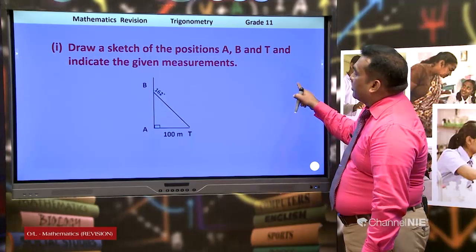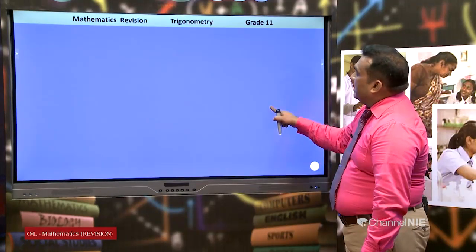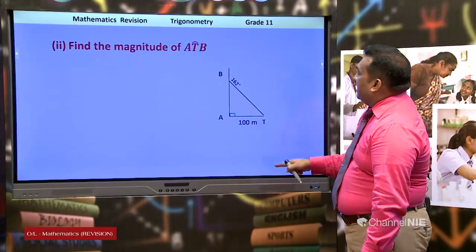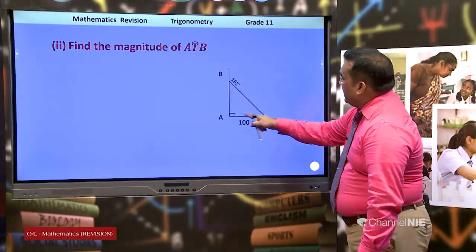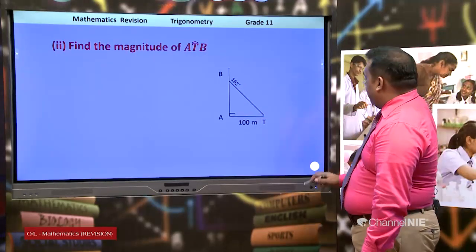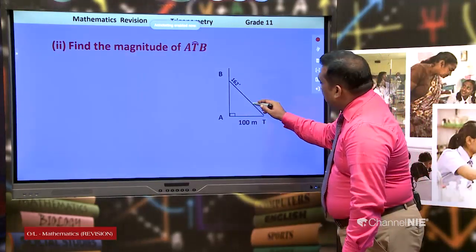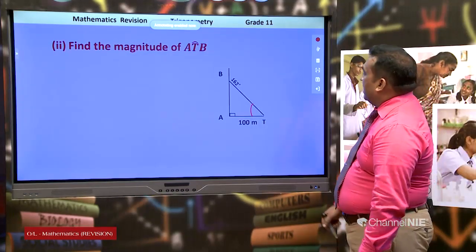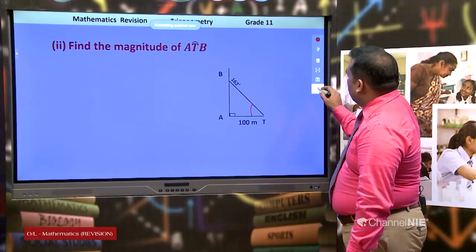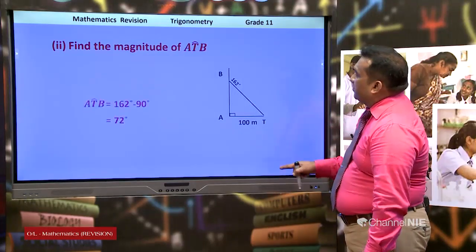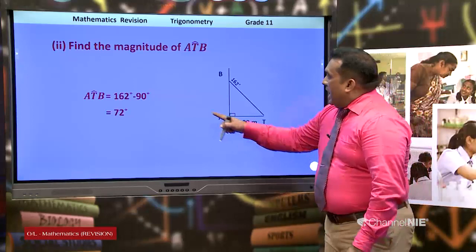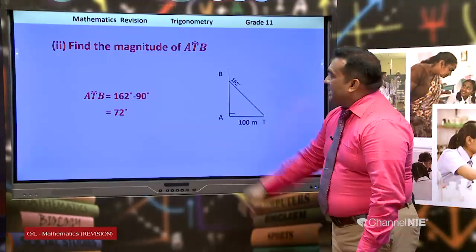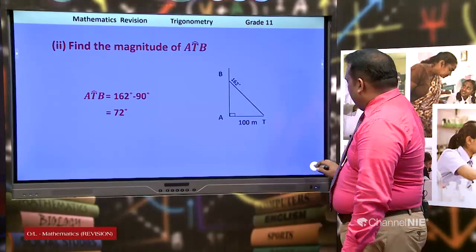We completed that one like this. Then find the magnitude of angle ATB. Now we want to find out this angle, ATB.